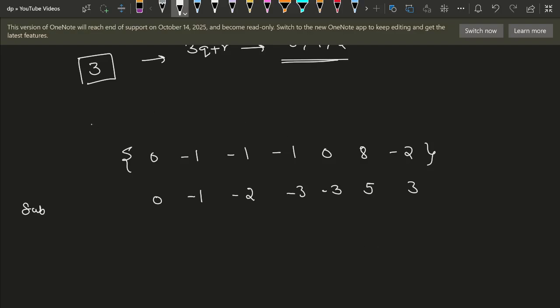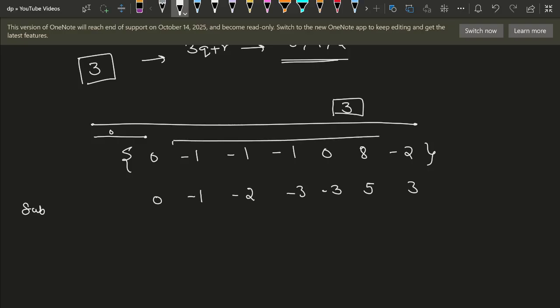If we observe carefully, the subarray sum from this position to this position is 3, and the subarray sum from this position to this position is 0. So this should be divisible by 3. So let's try minus 3: minus 3, 8, 5, 5 minus 2 is 3.